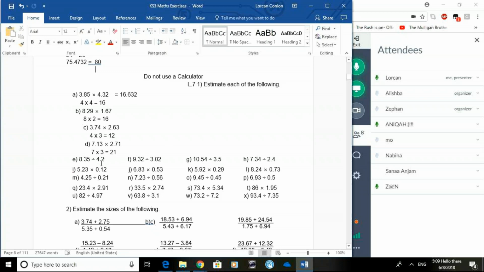Okay. So, Alishba, could you do question E for me there? I've highlighted it. Aniqua, could you do question A? Mo, could you do question G, please?